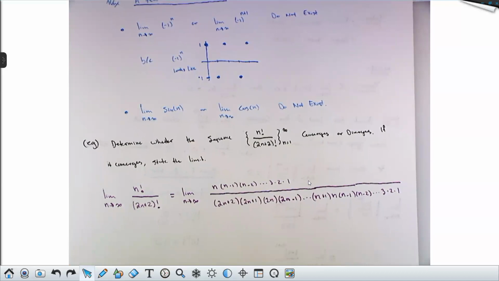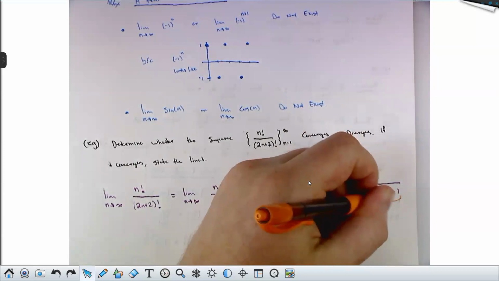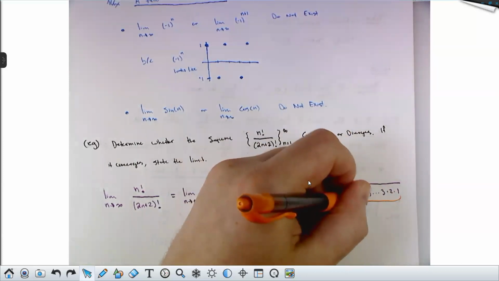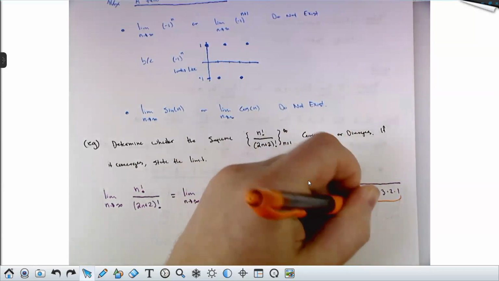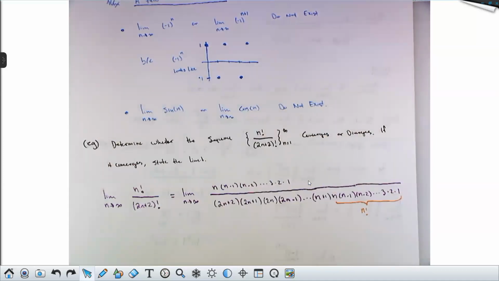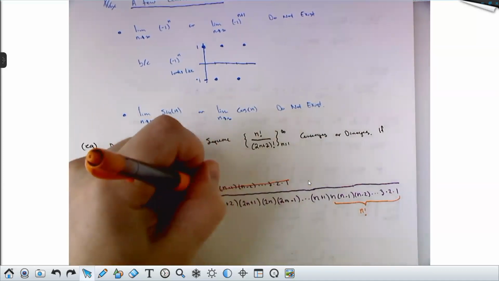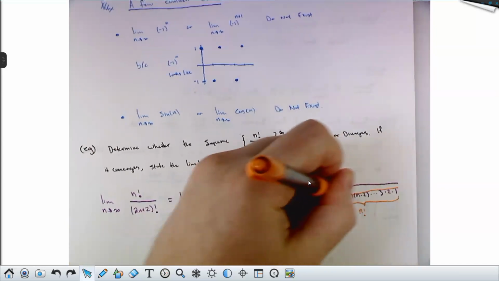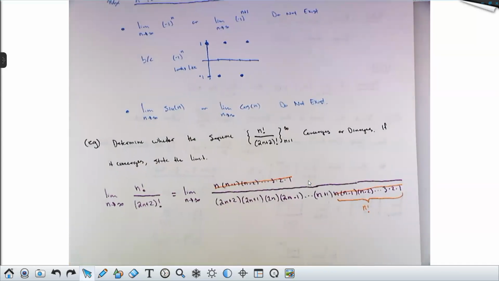Yes, exactly, Prashant. N factorial will eventually show up. This piece right here is n factorial. And we can cancel it with the n factorial upstairs. So this ratio, n factorial over 2n plus 2 factorial, cancels a lot. In fact, like half the terms cancel.